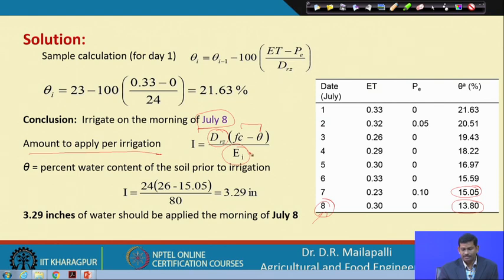Let us assume 80% irrigation efficiency, and theta is the percentage of soil water content prior to irrigation, which is 15.05. Then we assume 26% field capacity, fc, if it is not given. With the 24 root zone and this efficiency, you get 3.29 inches of irrigation to apply on the morning of July 8th.